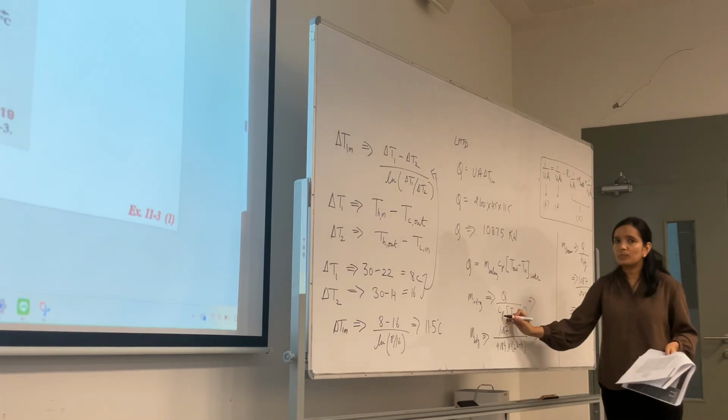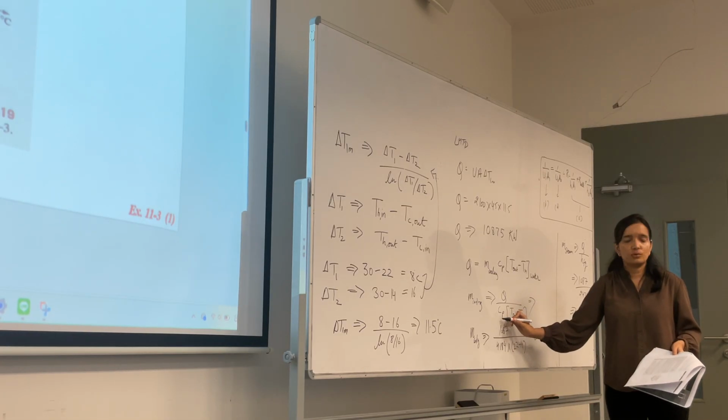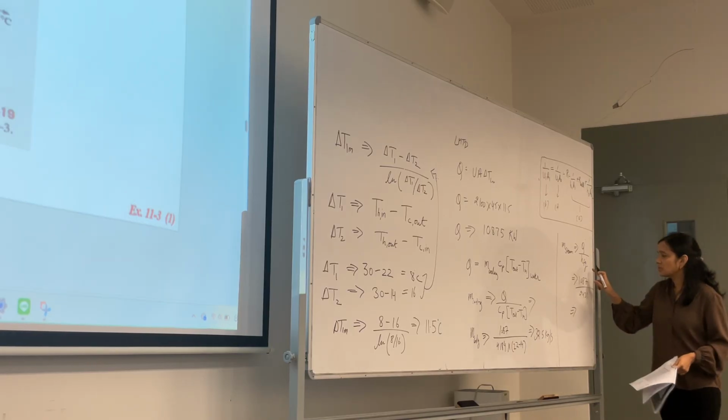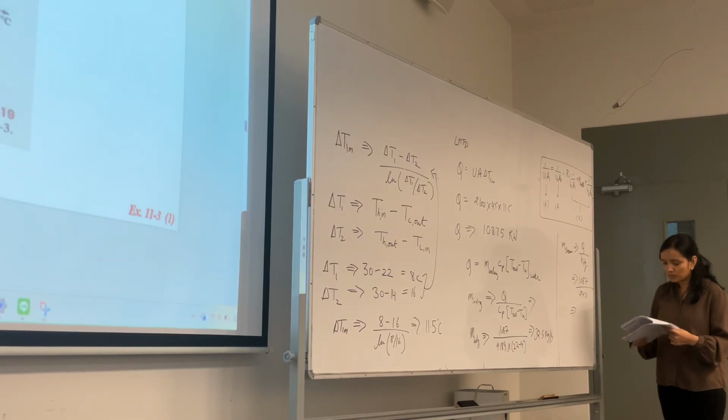So this value is from the table at the back of your book. CP for water, specific heat of water. This is from the book. Similarly, this value is also from the back of your book. Heat of vaporization of water.